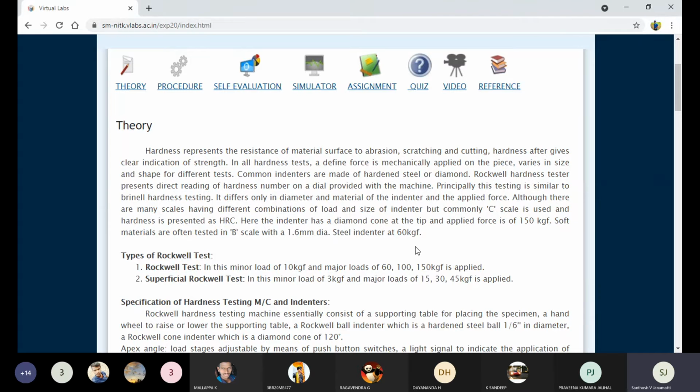Here we are writing the simple definition: it is the ability of the material to resist indentation and penetration. I would like to give an example of hardness so that you can understand better. We all have the practice of wearing wristwatches. For example, a Fastrack wristwatch. Everybody is looking for chain watches, not belt.